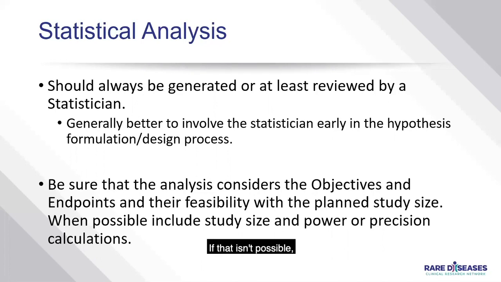If that isn't possible, they should at least review your protocol and the protocol section on statistical analysis, just to make sure that your statistical analysis section considers both the objective sections and your endpoints, and the feasibility of achieving those two sections with your planned study size. And then obviously, if necessary, do any type of power calculations to evaluate the actual study size of your potential study protocol.